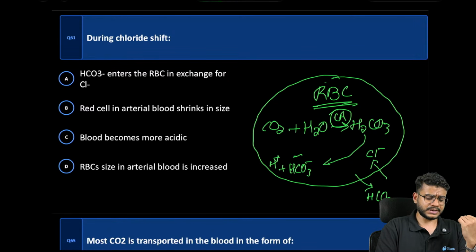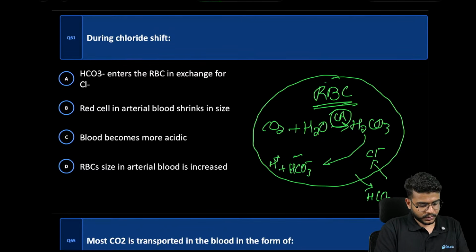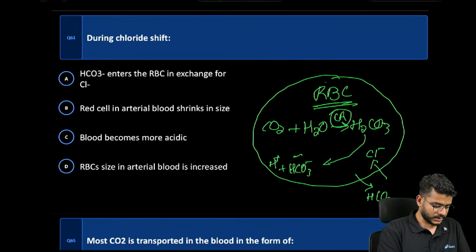The chlorine enters inside the RBC, which is known as the chloride shift. So we can check the options during chloride shift. Option A, bicarbonate enters the RBC in exchange with the chlorine. No, bicarbonate leaves the RBC, not enters. Chlorine gets inside the RBC.